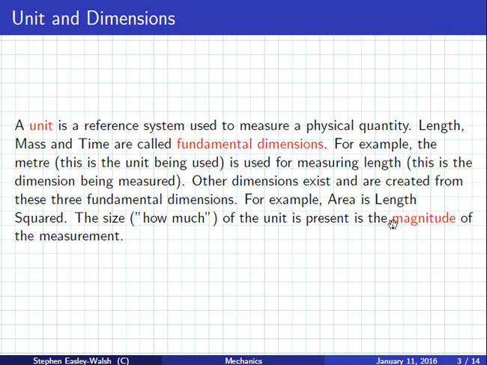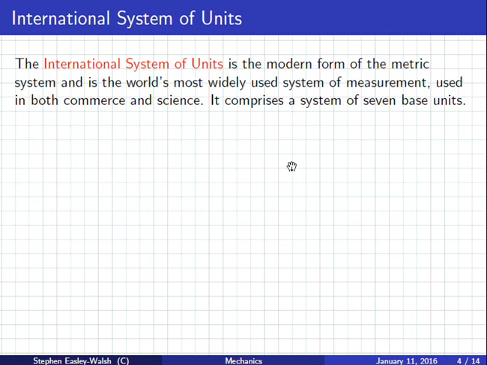So for example, the meter is the unit and the dimension is the length. Try not to mix the 2 up, but it's not a major problem. The unit is the meter and the dimension is the length.